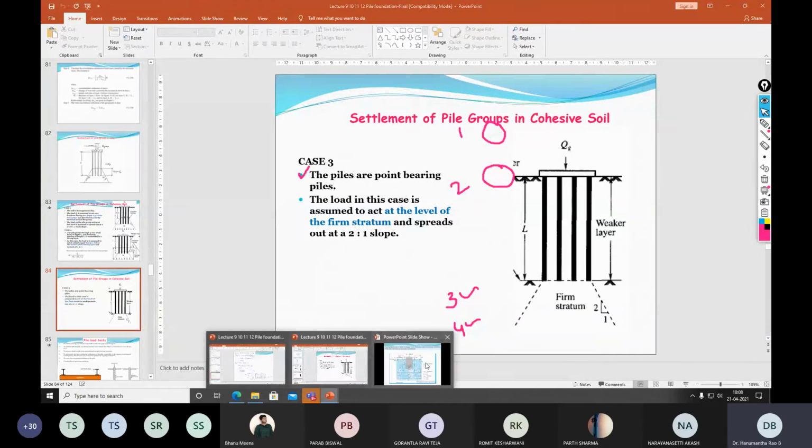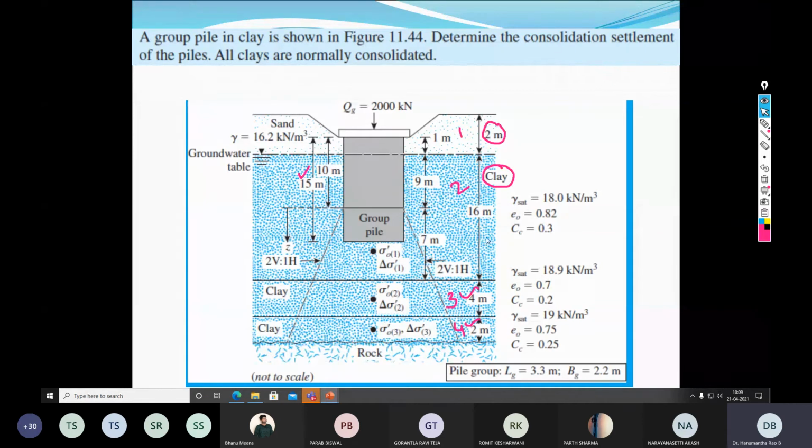So here in this case, since there are no weak clay layers, you can assume that strata 2, that is the whole 16 meter, is a strong layer. So the whole layer is contributing to the skin friction. Therefore, based on our analogy, if the pile length is 15 meter, then the location of the equivalent footing can be at a depth of 2/3 of L. So that is 10 meter.